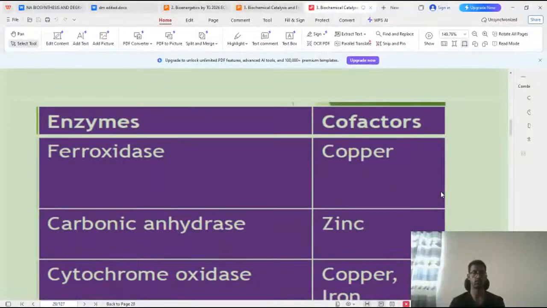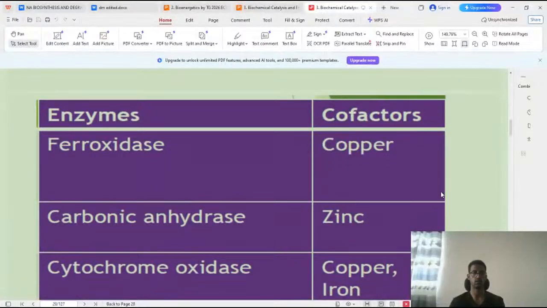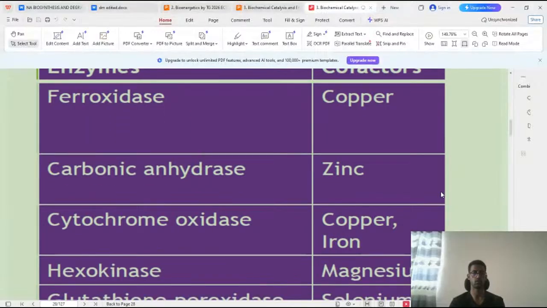Ferroxidase, copper. Carbonic anhydrase, zinc. Cytochrome oxidase, copper and iron.